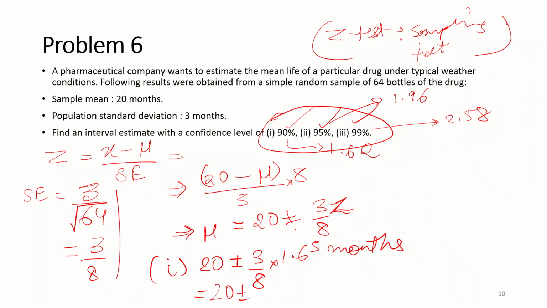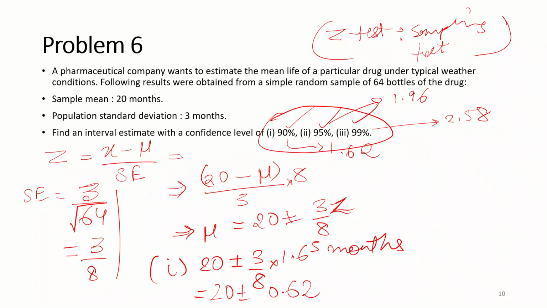What is this value? 0.6, another digit, 0.618.